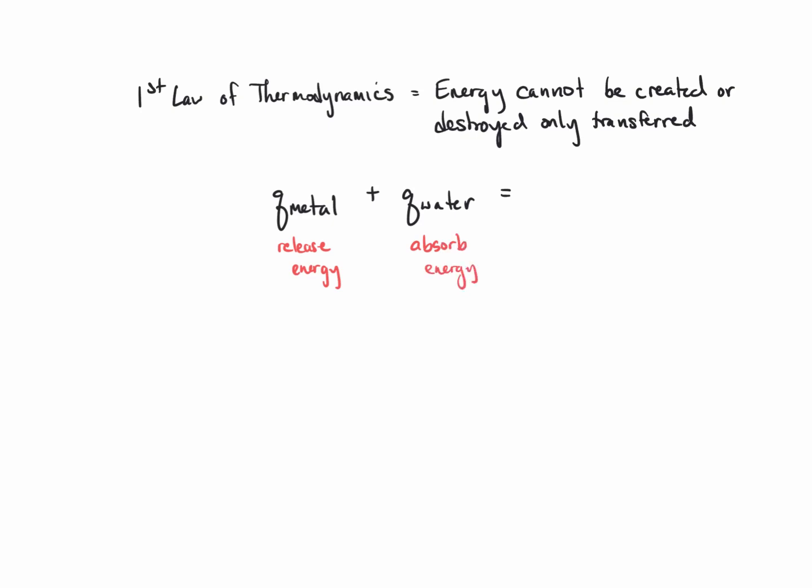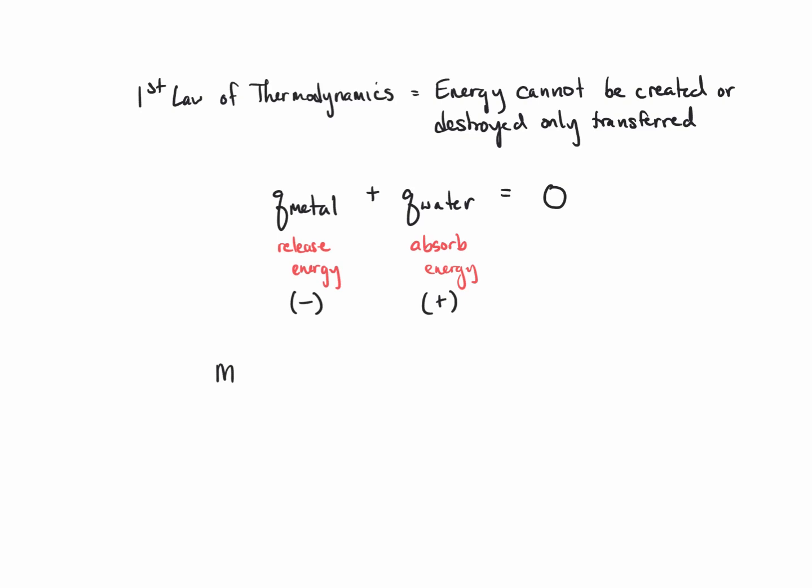The metal's Q is going to be negative because it's losing energy, and the water's Q is going to be positive because it's gaining energy. If energy can't be created or destroyed, the energy lost is the same as the energy gained, which means this has to equal 0. So now we can make a big equation.